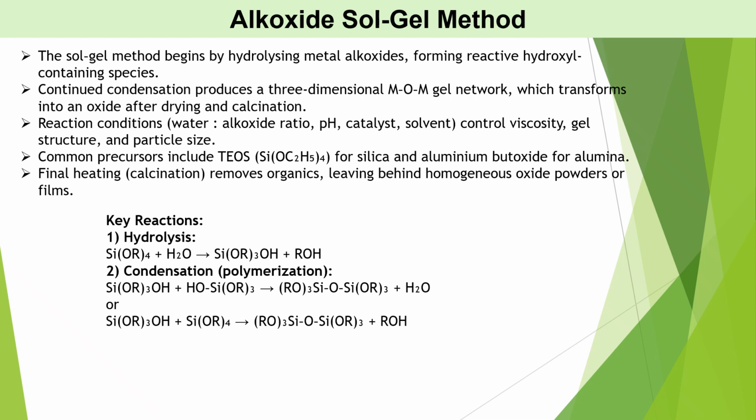Hydrolysis example: Si(OR)4 plus H2O forms Si(OR)3OH plus ROH, and condensation example: Si(OR)3OH plus OH-Si(OR)3 forms Si-O-Si plus H2O. After drying and calcination, we obtain highly homogeneous oxide powders or coatings.